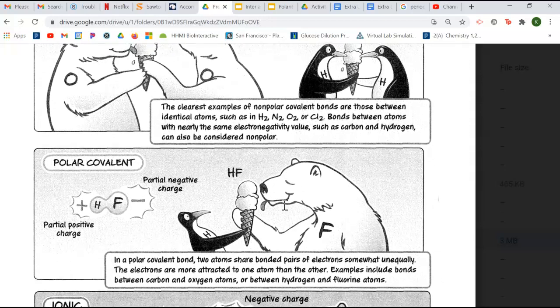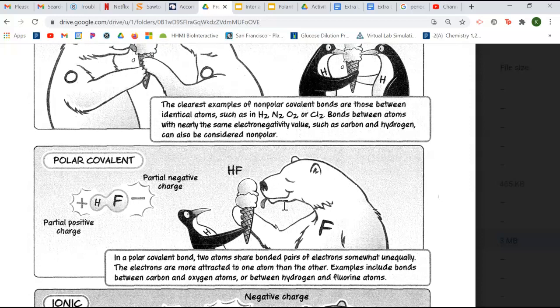Now, polar covalent bonds. In a polar covalent bond, two atoms share bonding pairs of electrons somewhat unequally. The electrons are more attracted to one atom than the other, and examples include bonds between carbon and oxygen atoms or between hydrogen and fluorine atoms.